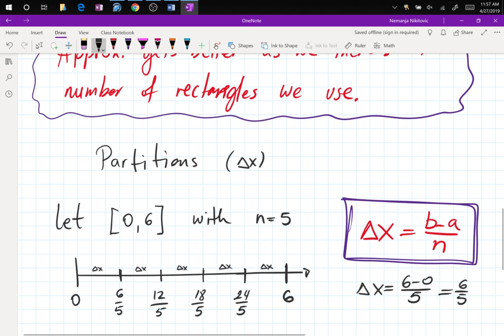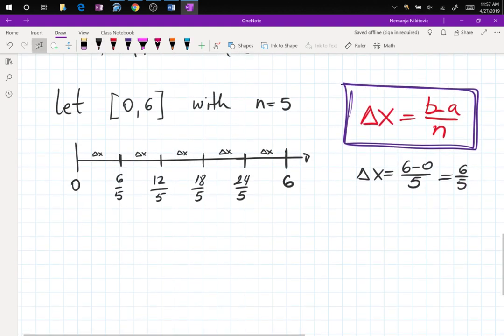And 30 divided by 5 is 6, and it falls in, right? That's your checkpoint. So if you did this calculation right, you will know, because you keep adding the delta x, and you go all the way to B.